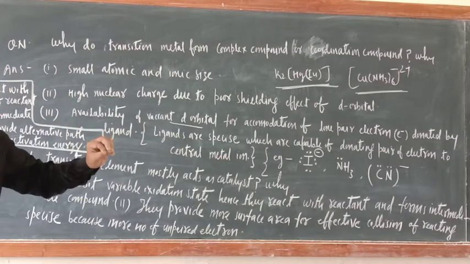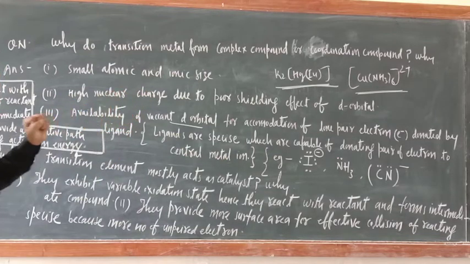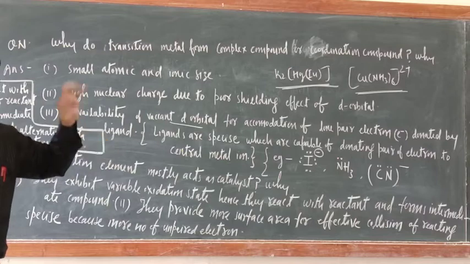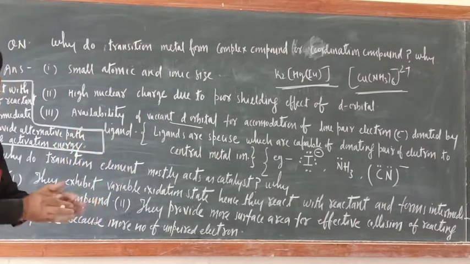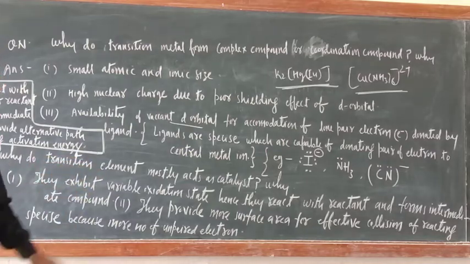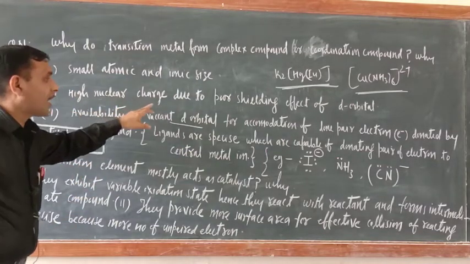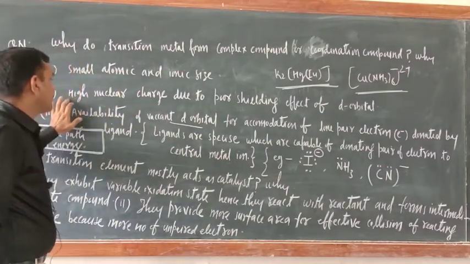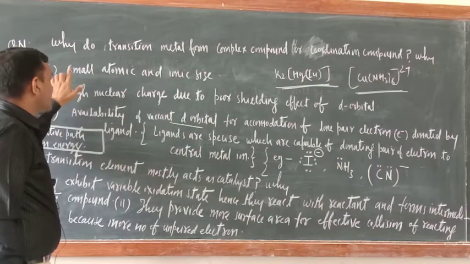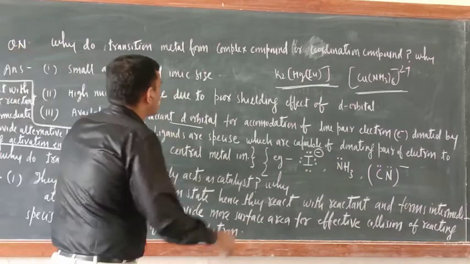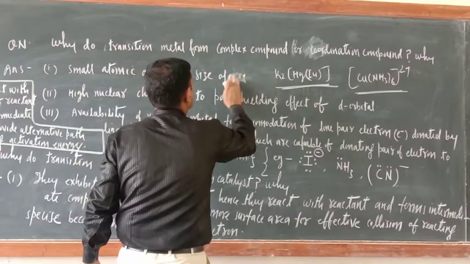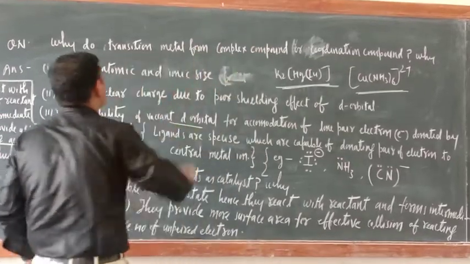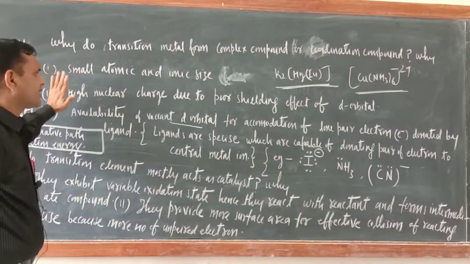Similarly, if nuclear charge is more, then those ligands which are surrounding the central metal atom will be attracted towards the central metal atom. So whose nuclear charge should be high? Small atomic and ionic size of the central atom. It is already understood, transition metals only.